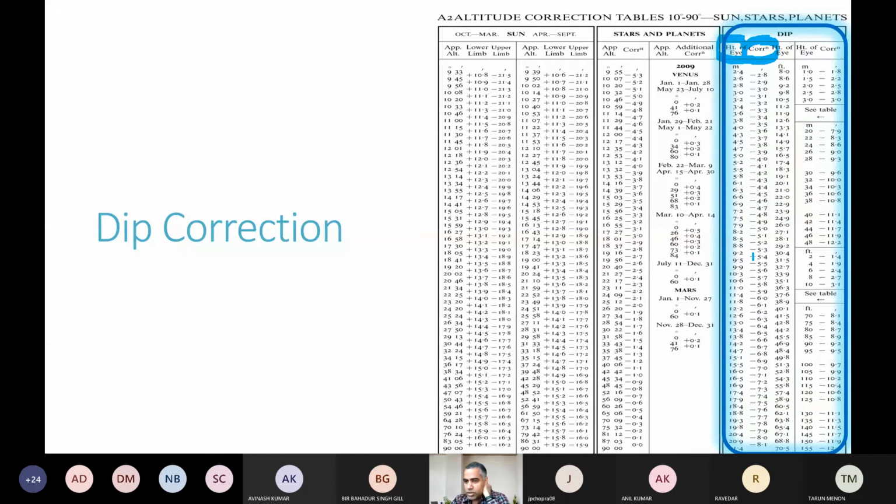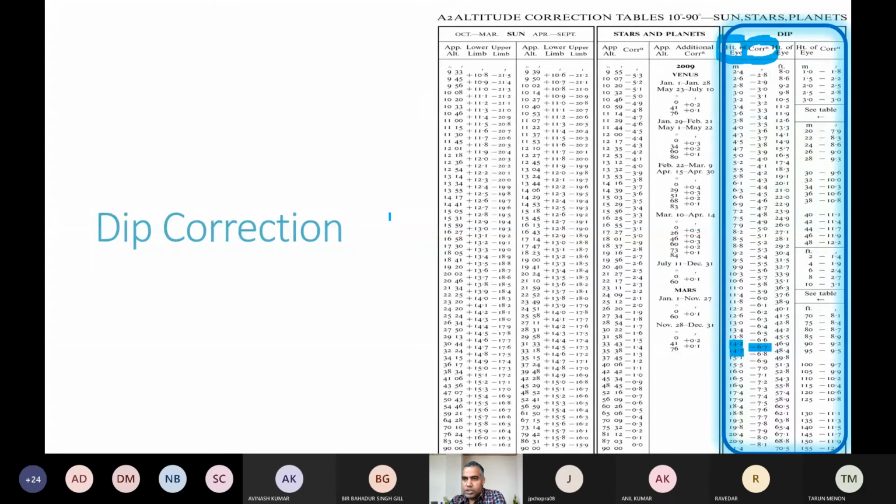There is a single correction for a range of height of eye, for example, from 14.2 to 14.7, the correction is minus 6.7. That is the dip correction. So that's the first table which we have, the dip correction table.